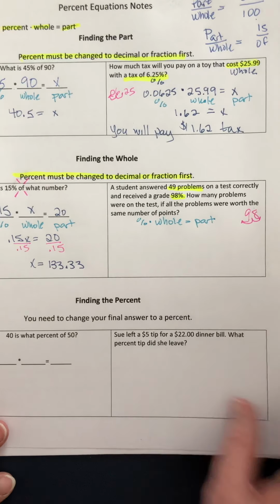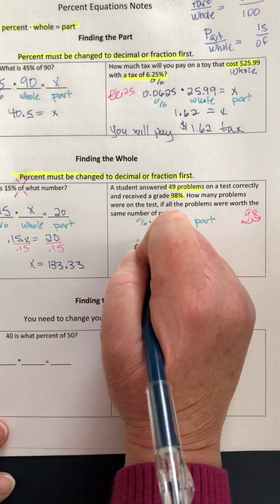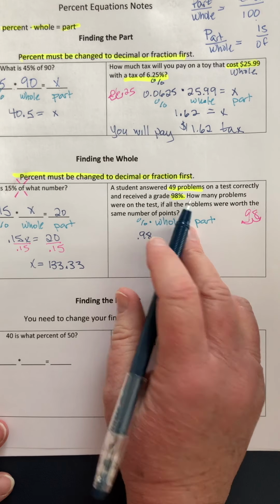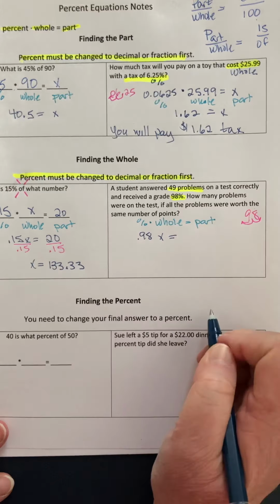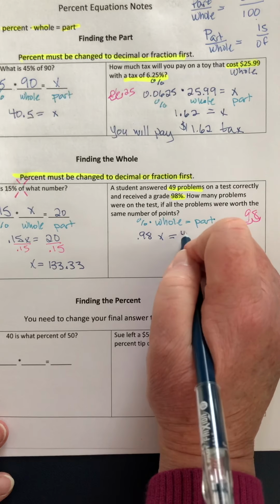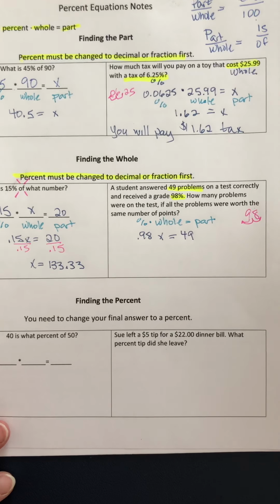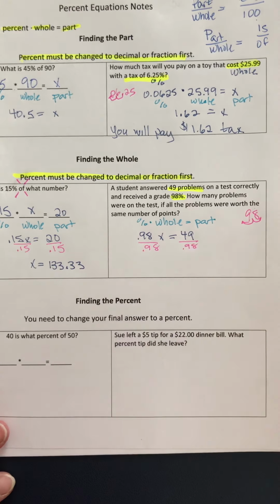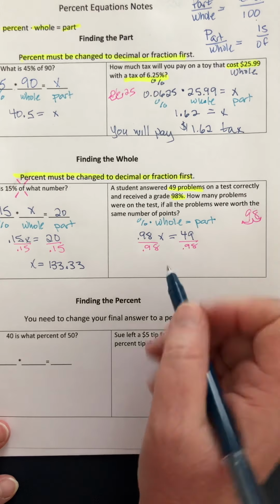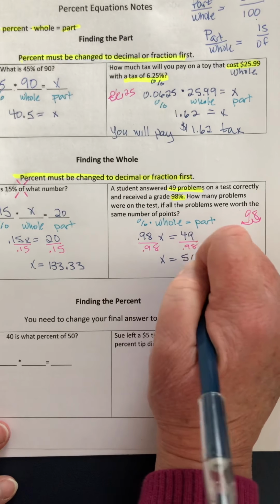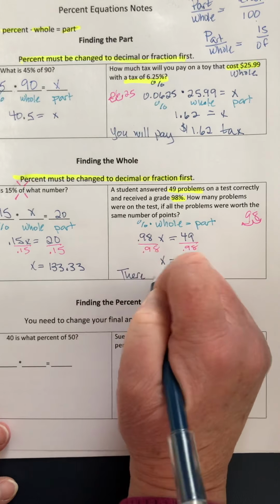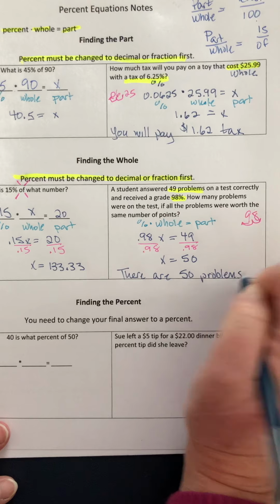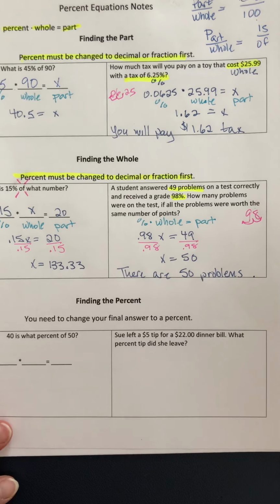Slide my paper over, sorry about that. And I have 0.98 for my percent times my whole, and I don't know my whole, that's my x, equals 49. So then I divide both sides by 0.98 to solve for x. And the math tells me the answer is 50. So there are 50 problems. Okay, for my word answer.